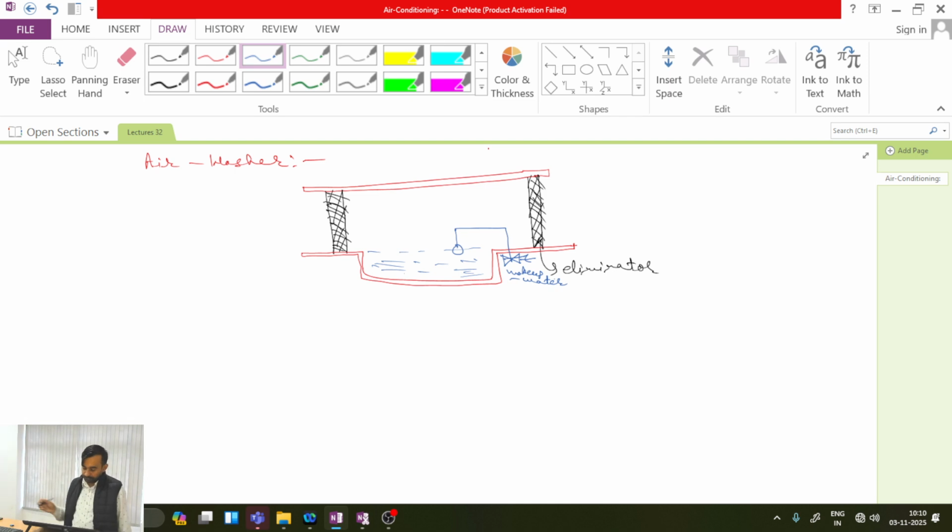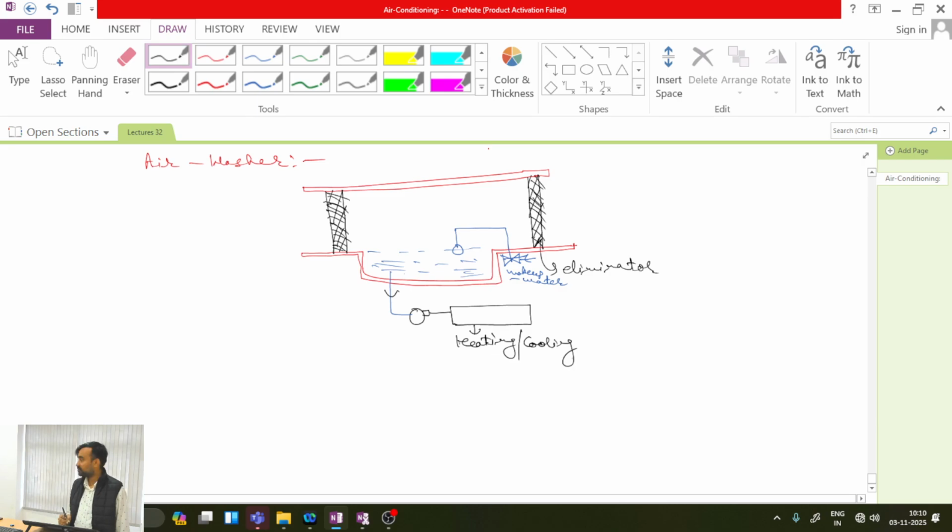Now we have a pump which takes the water from the sump, and that water then passes through a coil, which can be a heating or cooling coil. Is this one clear?